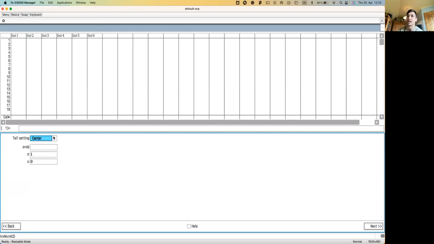Okay, and so then here, this tail setting, if you remember back from what we had in the pad, our tail setting needs to be to the left, because we've found the probability that a randomly selected apple is less than K grams. We have to change this to left.